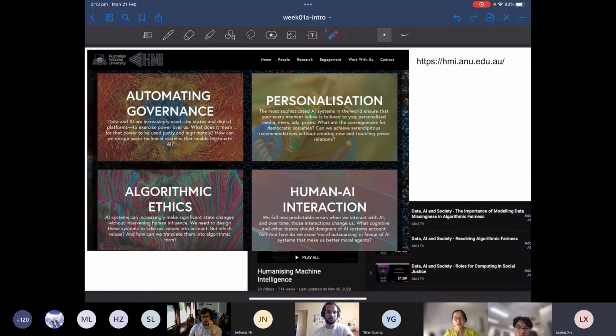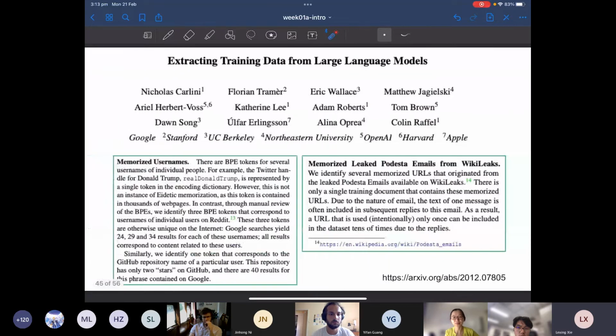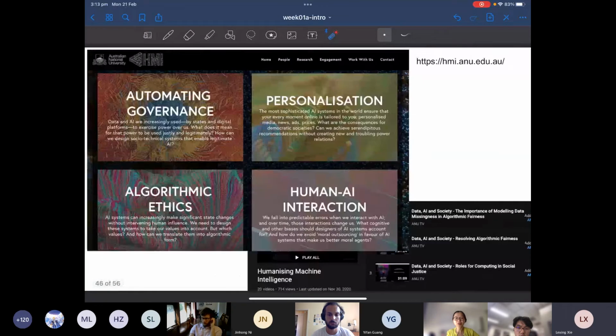For example, fairness and accountability of machine learning is a big research area now. This is one of the papers I just showed, one of the example papers. If you're looking to start a research career, this will be a good place to go, and there are a lot of research groups active in these areas as well.